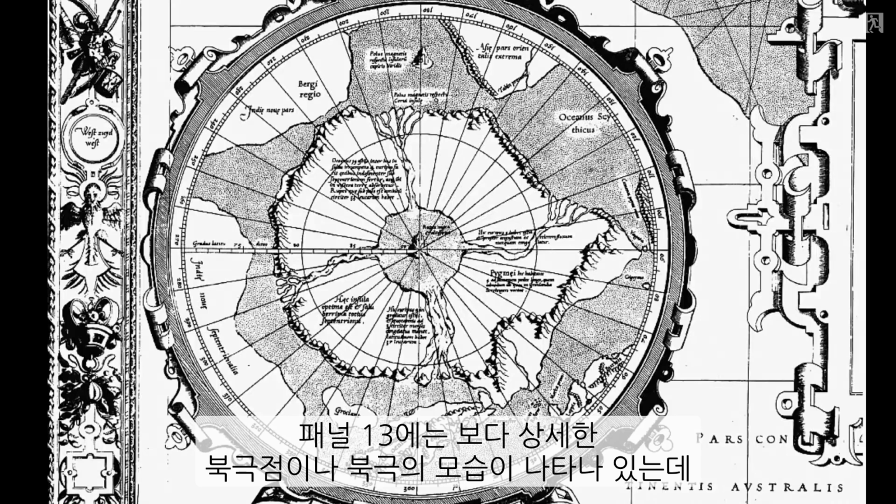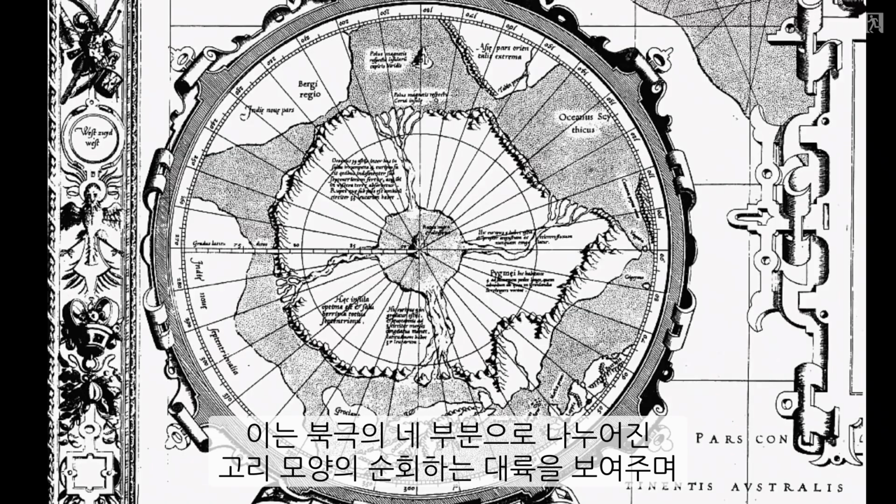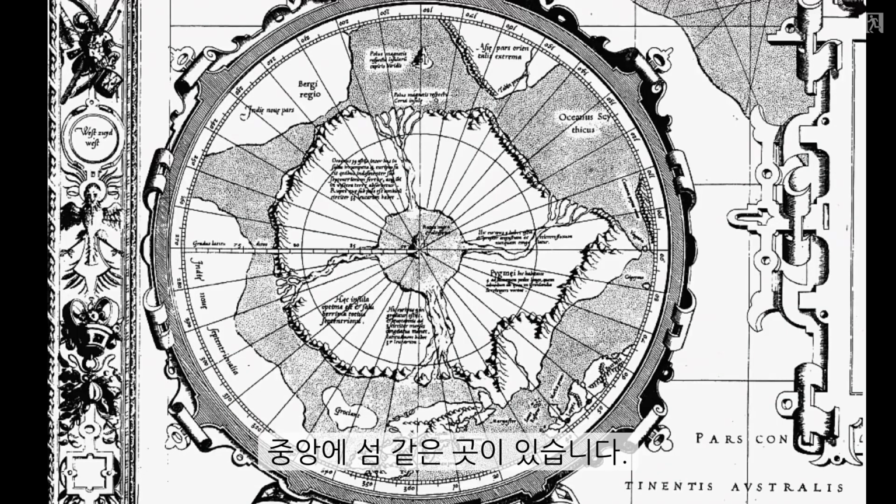In panel 13, a more detailed look of the North Pole or the Arctic is provided. It shows a quasi-circular body of land at the North Pole, separated into 4 quadrant continents, with what appears to be an island in the middle.